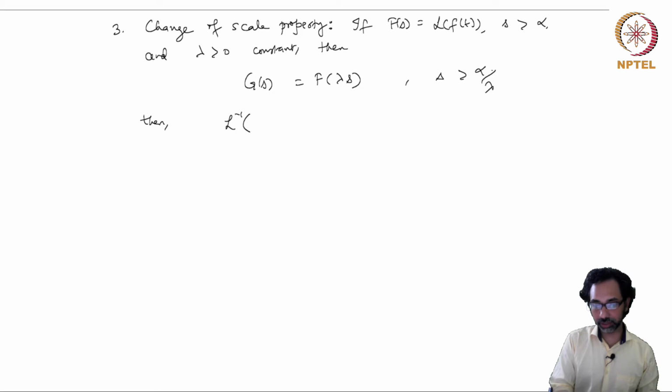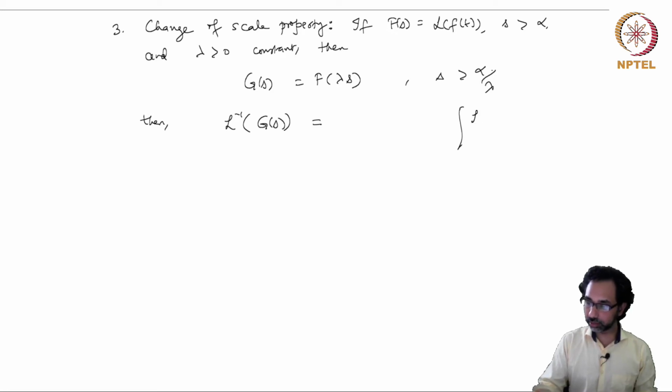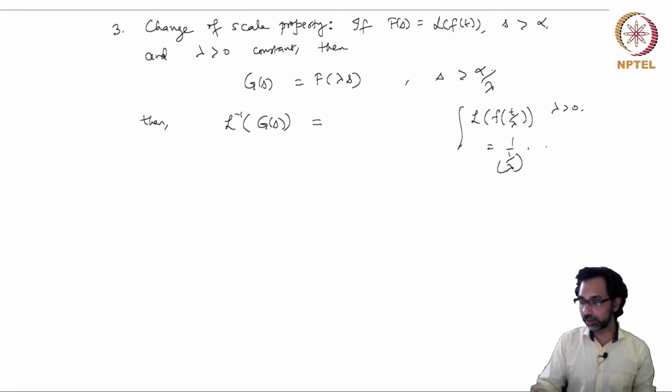then the inverse Laplace transform of G(s) is equal to, so we know that the Laplace transform of f(t over lambda), this is for lambda greater than 0, is nothing but 1 by lambda multiplied by F of s over 1 over lambda.